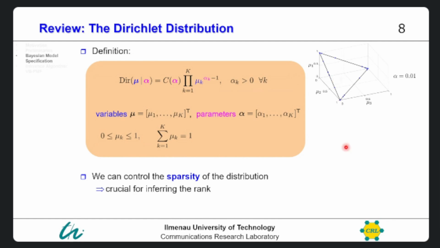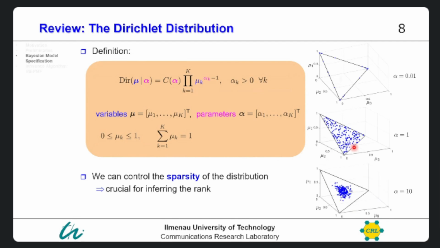And if you set alpha equal to 1, then basically this is like having a solution that is not biased in any way. So you can get a distribution of all kinds. And if you set alpha to be greater than 1, so let's say 10, then you find that the elements of the vector will approach a uniform distribution.